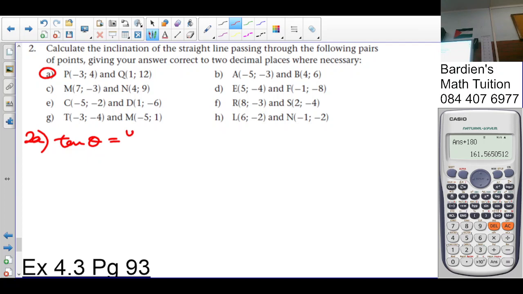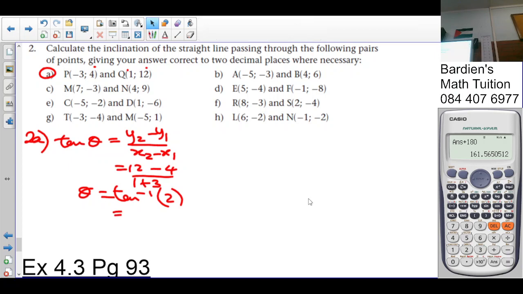The gradient is y2 minus y1 over x2 minus x1. So it's going to give you 12 minus 4 over 1 minus minus 3. So theta is equal to arctan of 8 over 4, which is 2. So arctan of 2 gives you 63,4.